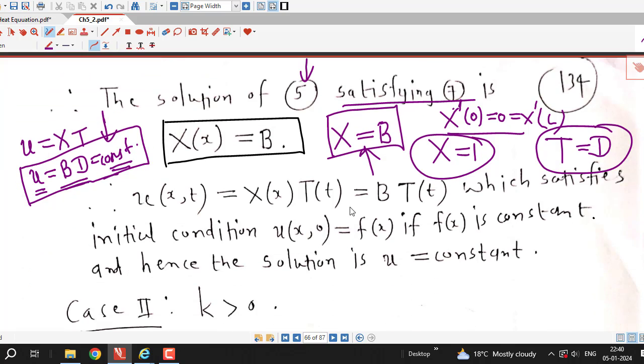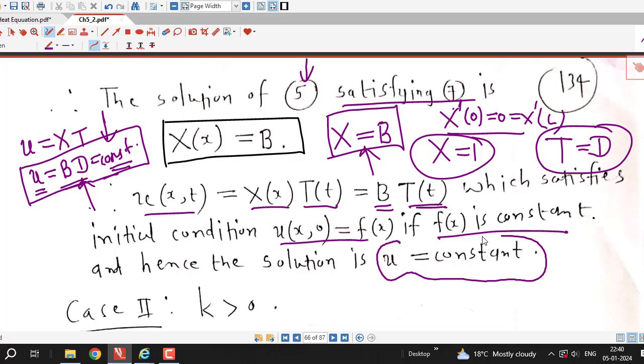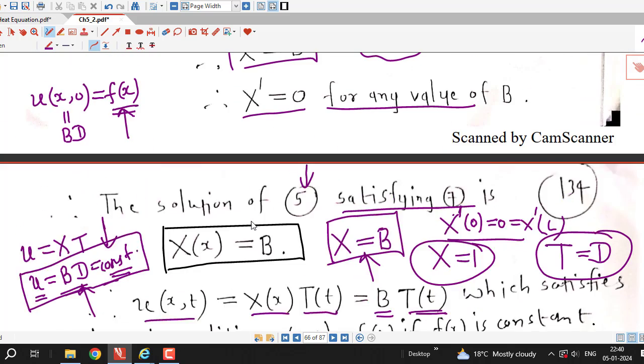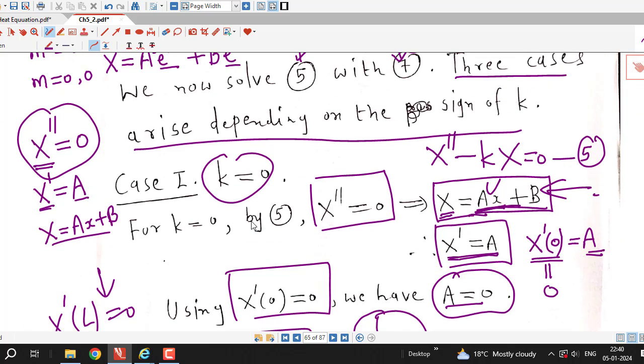So we can write that u(x,t) equal to X into T. X we have obtained, that is capital B, and T also is going to be constant, and we know that this solution satisfies initial condition if f(x) is constant, and in this case the solution is u equal to constant.